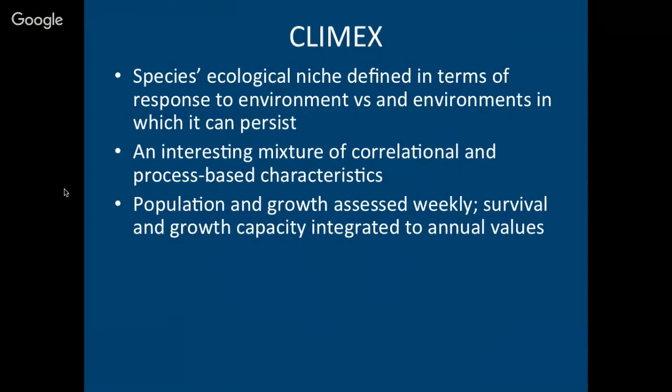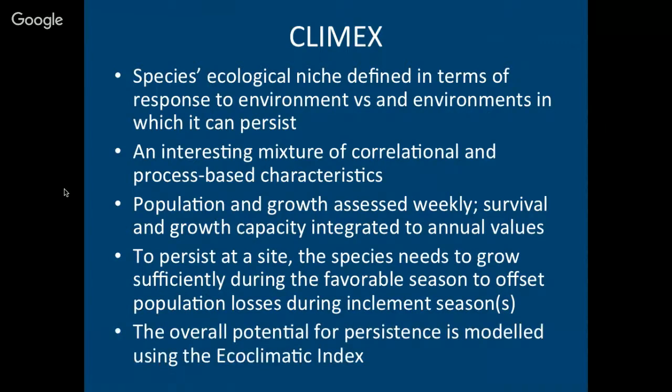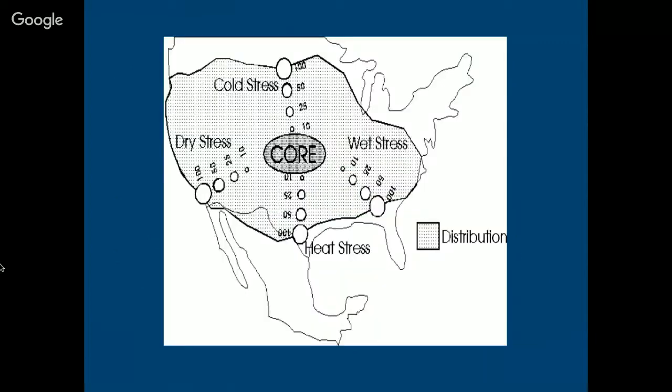In Climex applications, population growth is assessed weekly and then integrated across the full year. And so to persist at a site, the species needs to grow sufficiently during the good parts of the year to make up for population losses during the bad parts of the year. And the overall potential for persistence is summarized as what they call an ecoclimatic index.